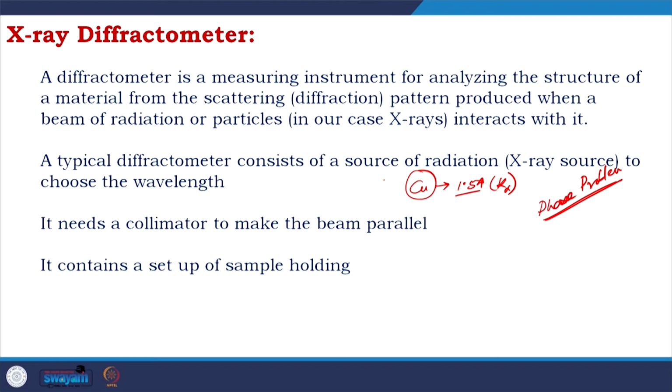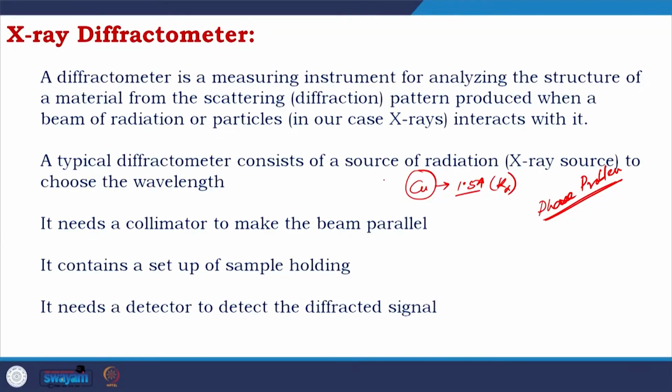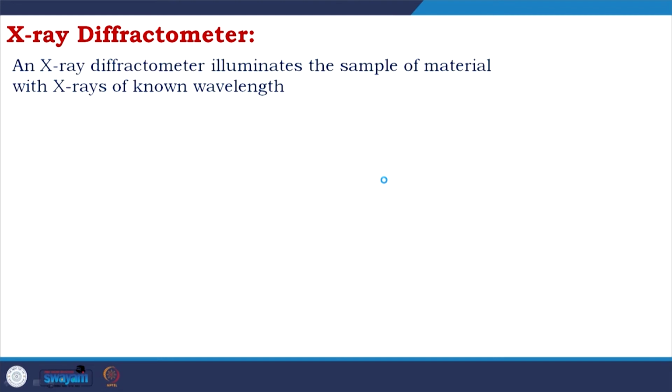If it is an X-ray diffractometer where you are working with protein, you know that your protein crystals are fragile and soft, so you need a nitrogen gas setup, and you need the crystal set up in a balanced way in the goniometer, so that you could change the angle of data collection automatically. All these are the setup for sample holding. It also needs a detector to detect the diffracted signal. We talked about those detectors.